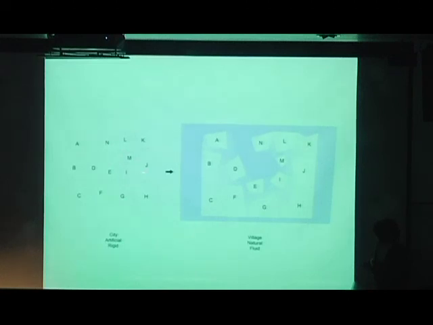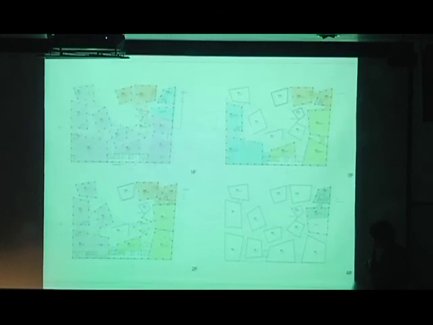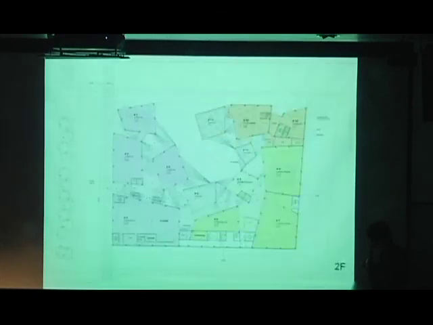So we decided to make not very greedy volumes, but this kind of fluid system. And analyzing the program, we can create this kind of corridor-like space. And using this volume, we make this kind of in-between space, which consists of the stairs.